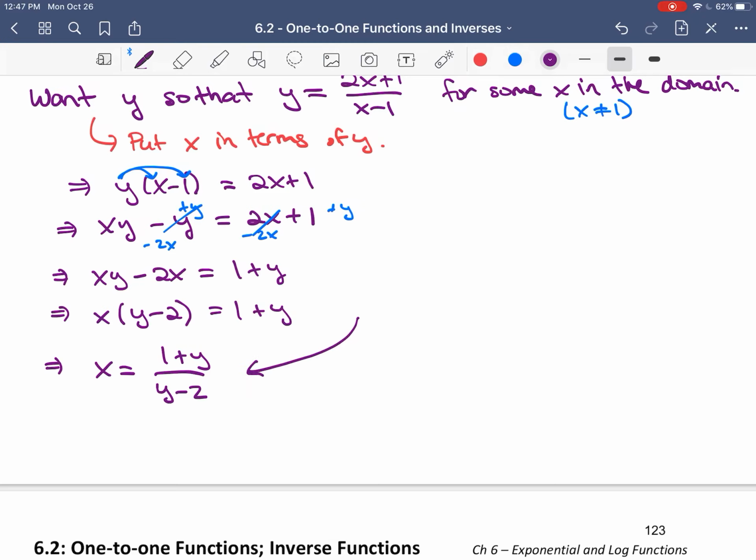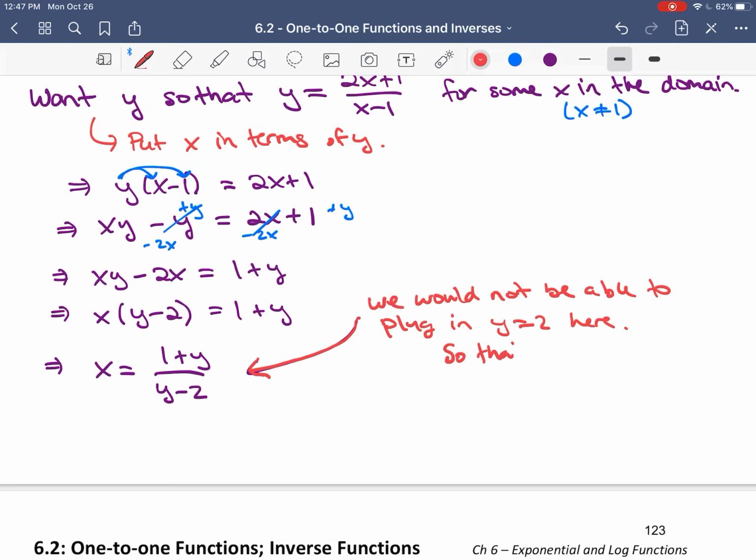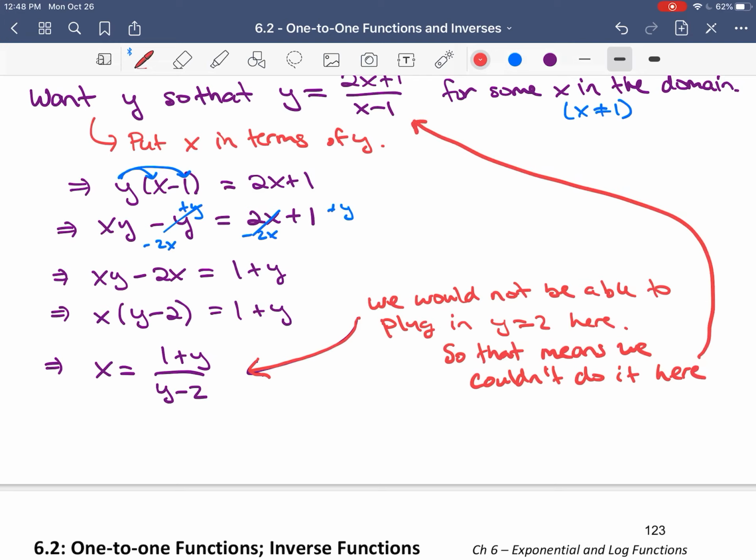So at this point, we can see we would not be able to plug in y equals 2 here, which means I can't get this y value to be 2.